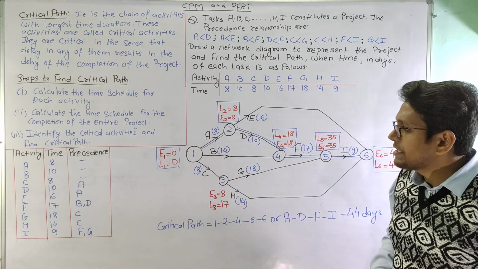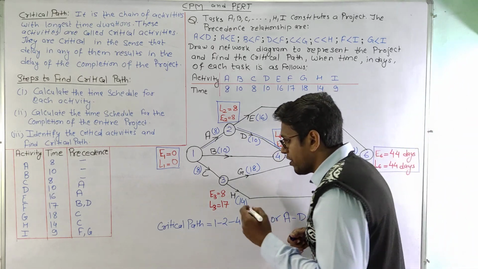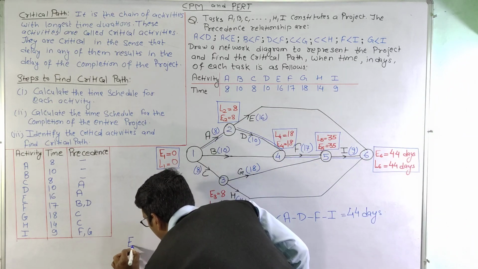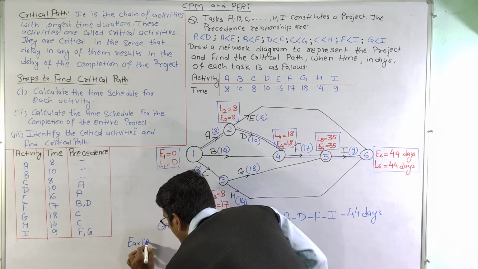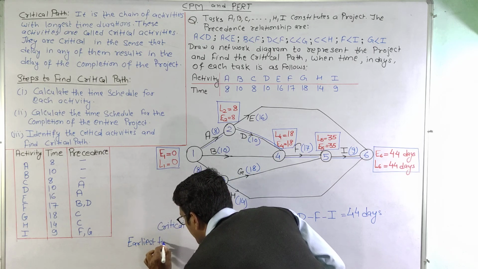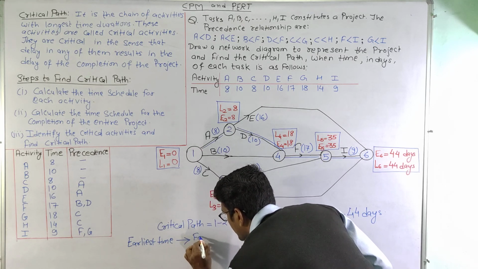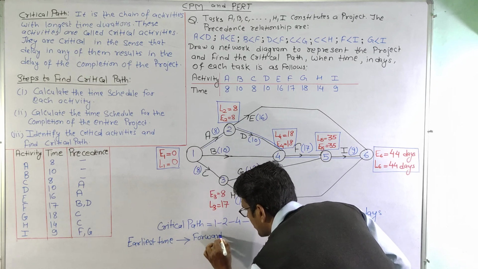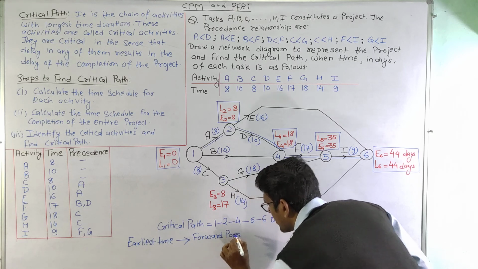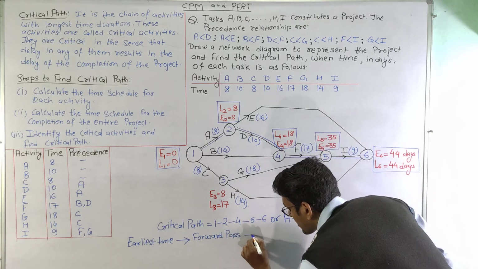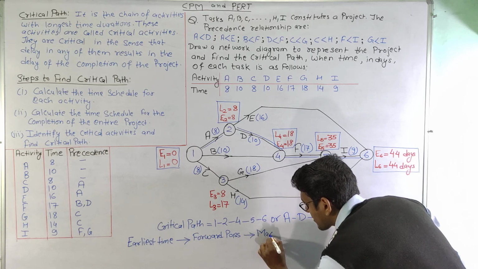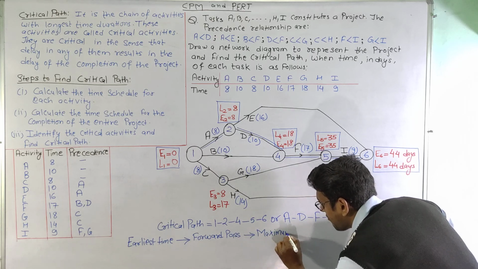So to calculate the earliest time, we will use the forward pass, and in this forward pass we will select the maximum value.